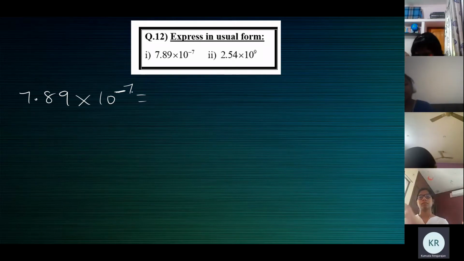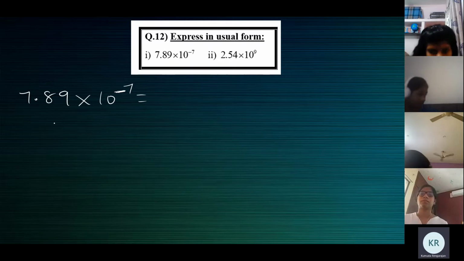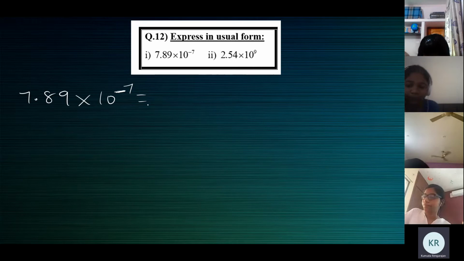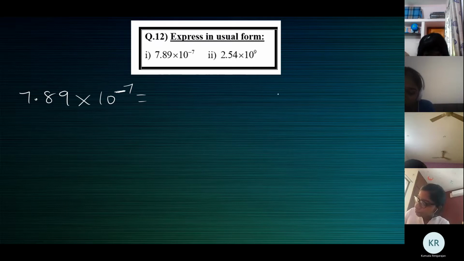7.89 into 10 to the power minus 7. The power is negative. If the power is negative, you need to reduce the number. If the power is positive, you need to increase the value of the number. So here the power is negative, so you need to reduce the value of the given number. So you'll have to shift the decimal point to the left, 7 places.